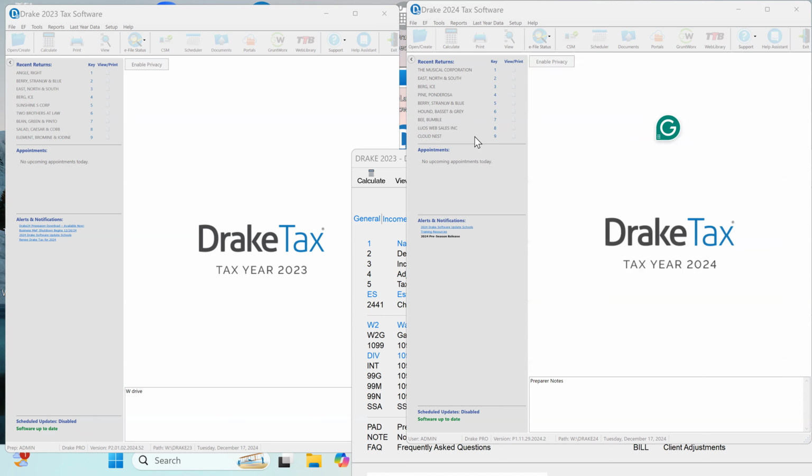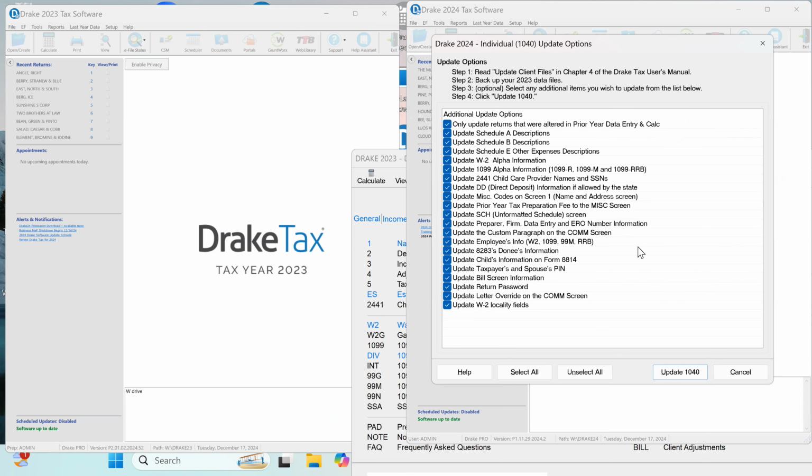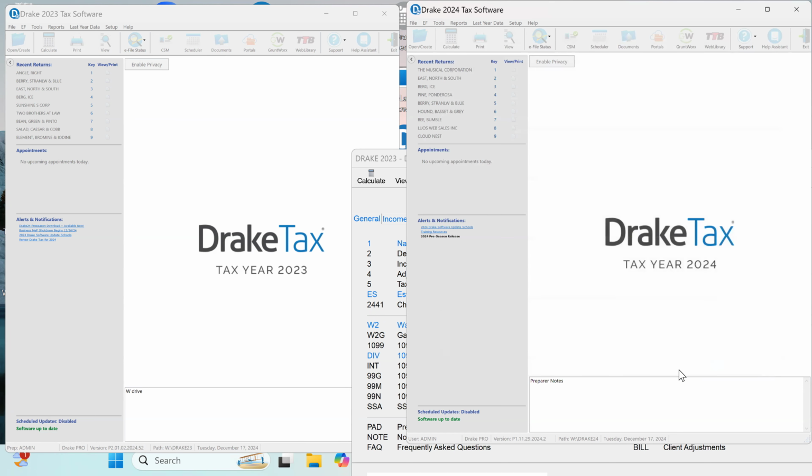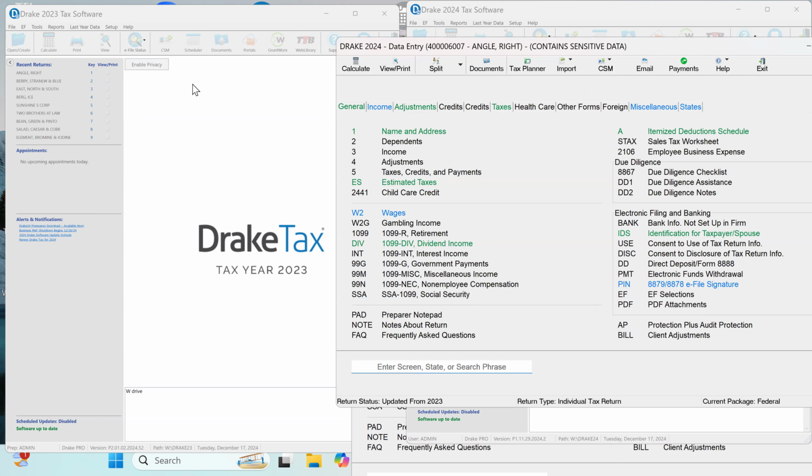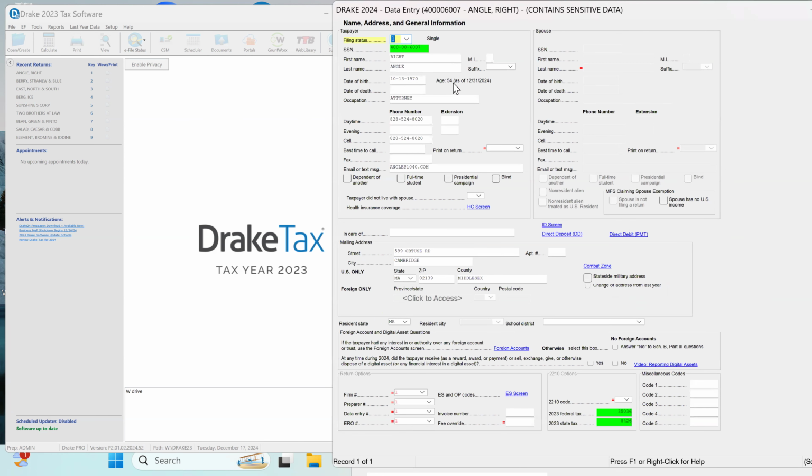Enter. Now, guess what? We found this company's soft copy in here, because in the 2023 tax return, we already have it. Now, this is what you are going to see.